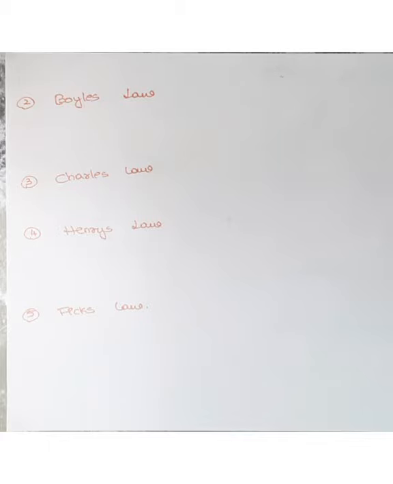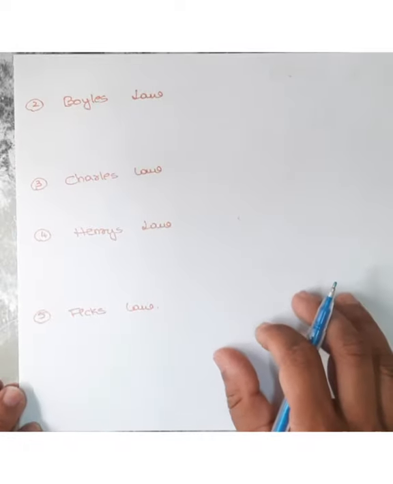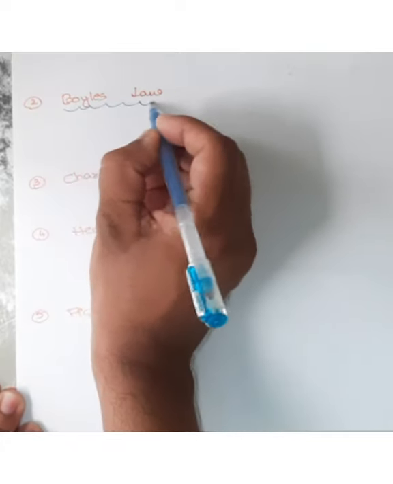So after knowing the partial pressures, it is important to know a few of the physics laws which correlate the relationship between the volume, temperature and the pressure of the gases, which will determine the flow of the gases. We'll see one by one. The first law which we are seeing is Boyle's law.